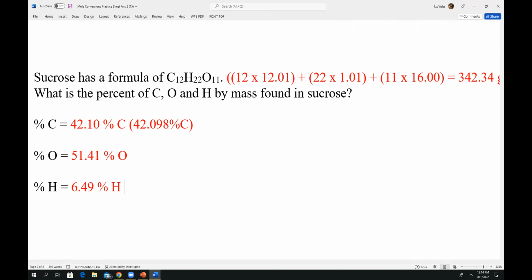Not 222, 22.22. And that is divided by 342.34, and then multiply times 100. And that gives me 6.4906.